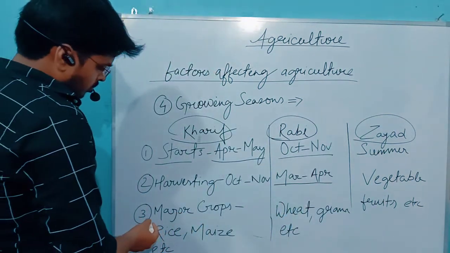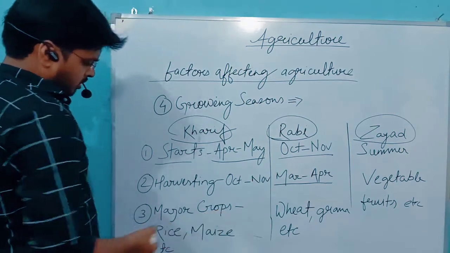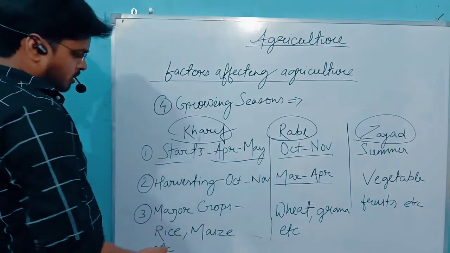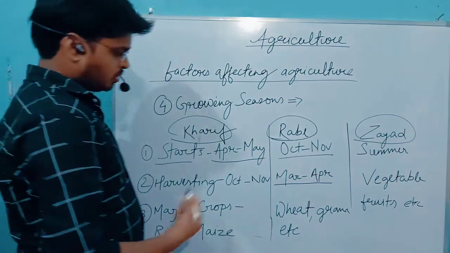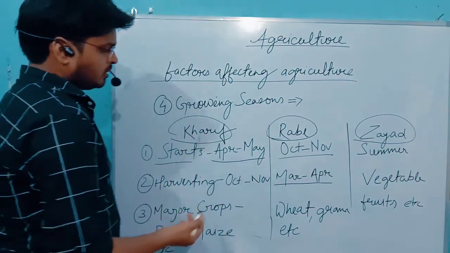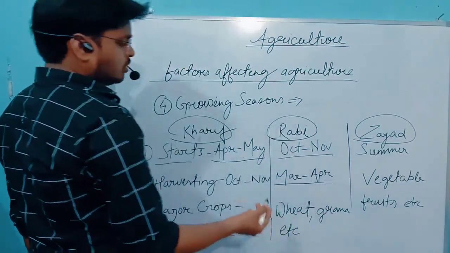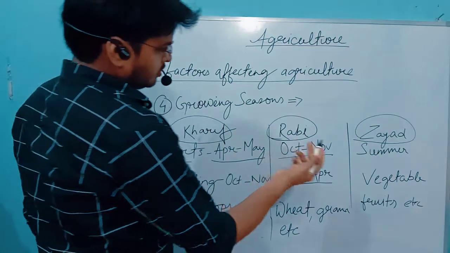Now the major Kharif crops are rice, maize, jowar, bajra. Whereas in Rabi, wheat, gram, oil seeds, tobacco are the crops grown.